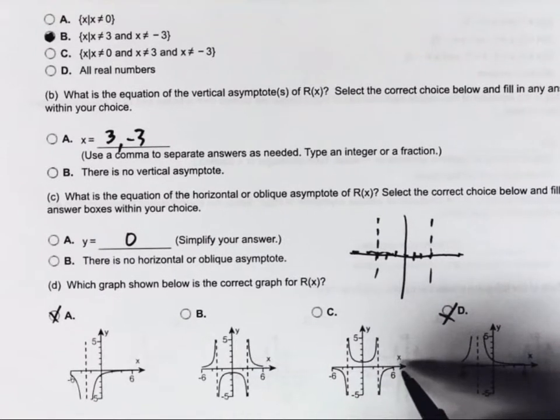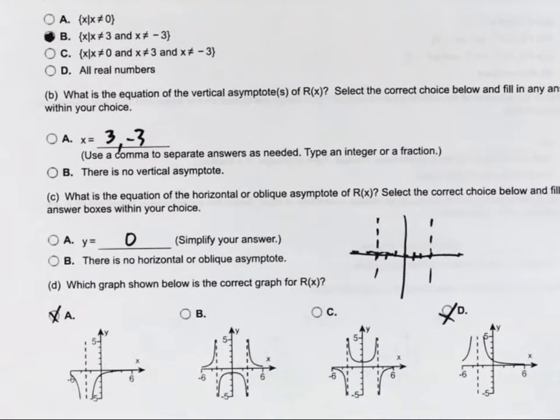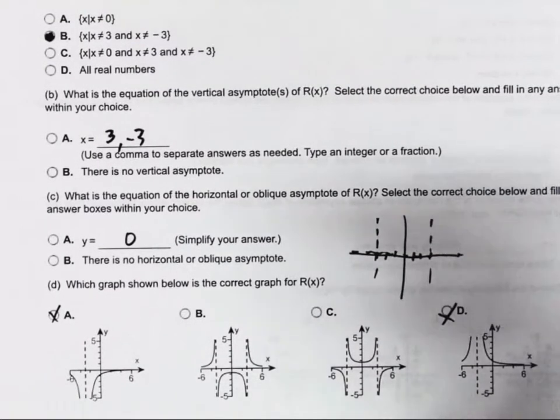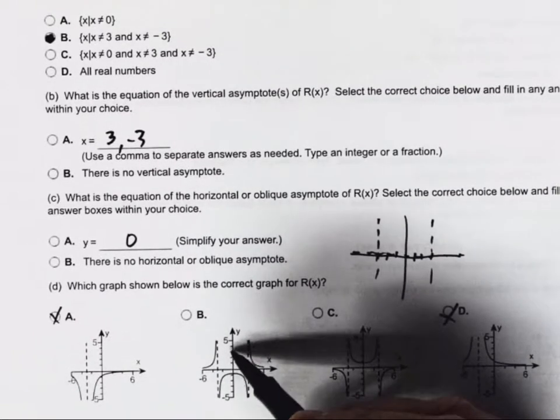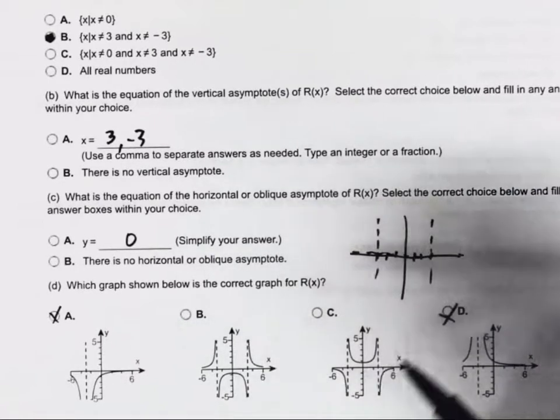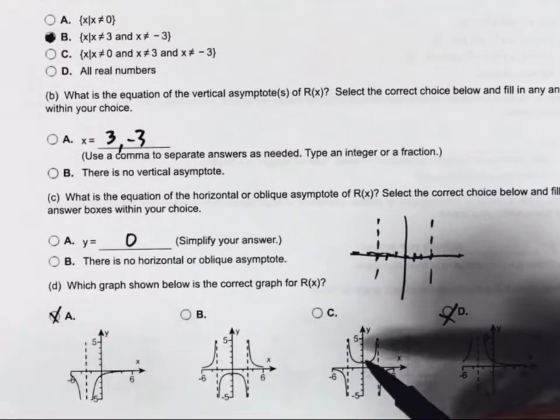But this one says when x gets to be big, oh, you know what's even easier? Let's plug in when x is 0. Because this is how these work. Process of elimination. What's the easiest thing to do? When this one, if x is 0, y is going to be some negative number. But if this one's true, when x is 0, y is a positive number. Well, that's pretty simple to check.